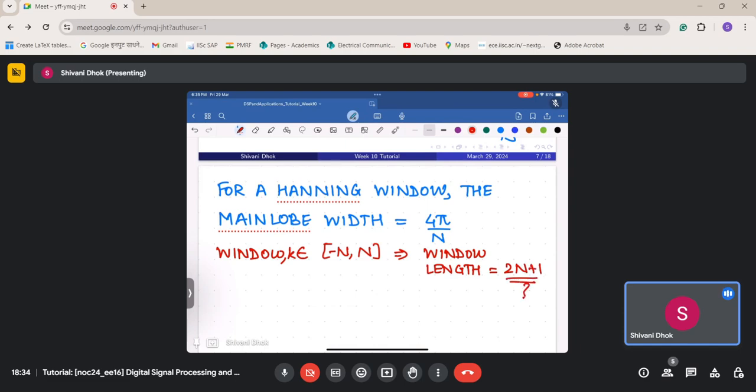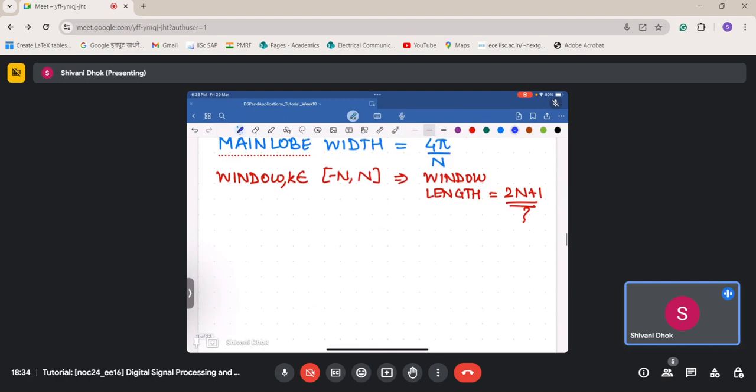Okay, so for a Hanning window, we know that the main lobe width is 4 pi by N. Another thing that we had discussed is that this main lobe, after having convolution in the frequency domain, actually gives us the transition width, or transition band width.